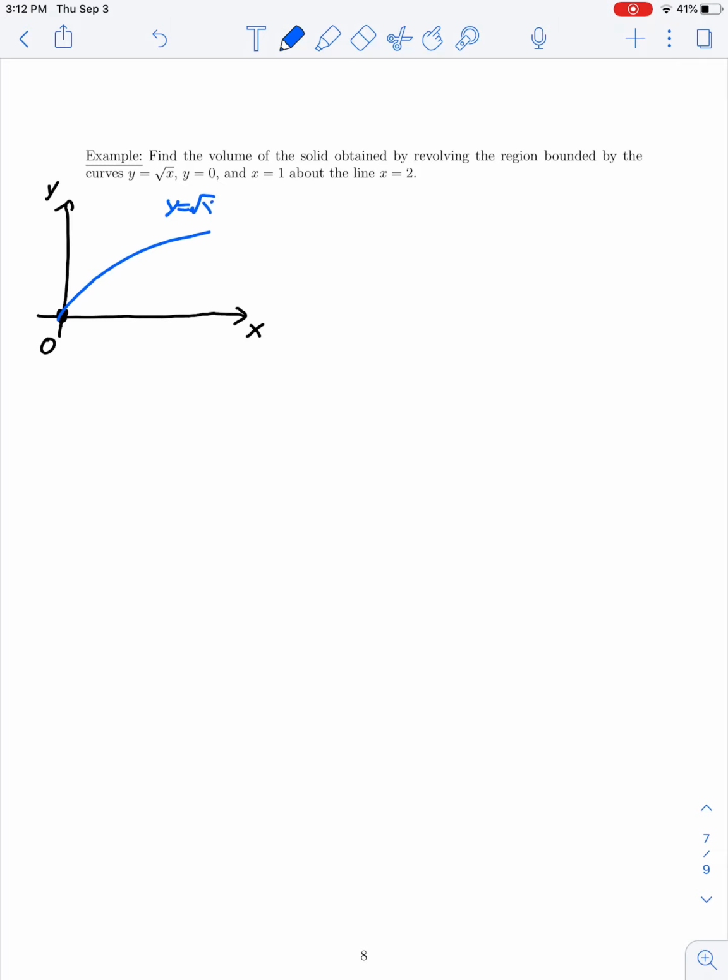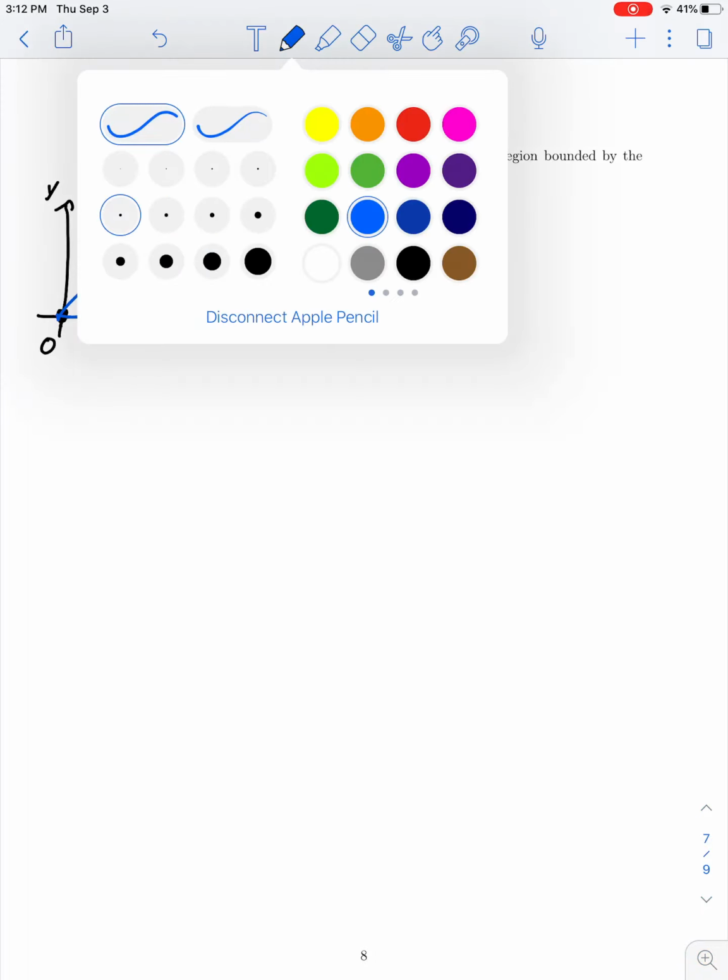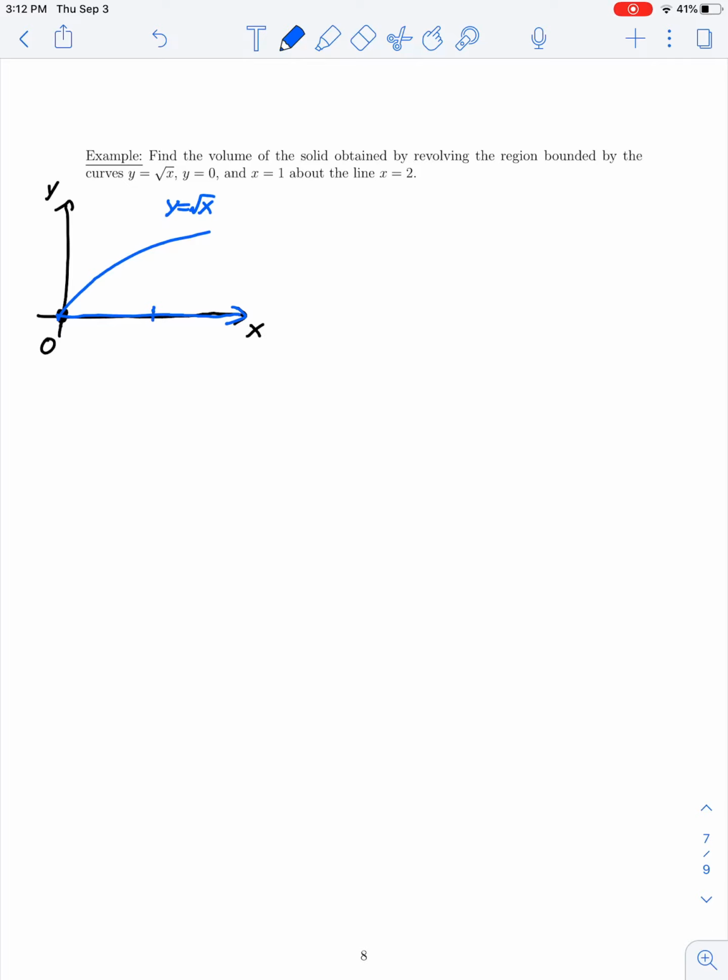So here y equals the square root of x. Now our line y equals 0, or the x-axis, is shown here, and then we have the line x equals 1. So here x equals 1 would give us a value of y, which is square root of 1, or 1.